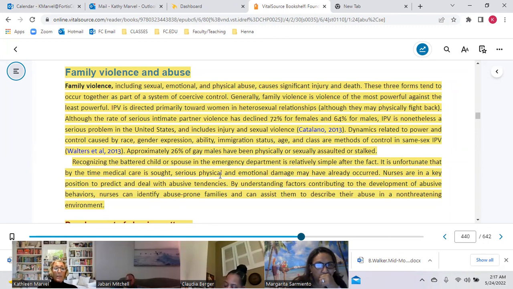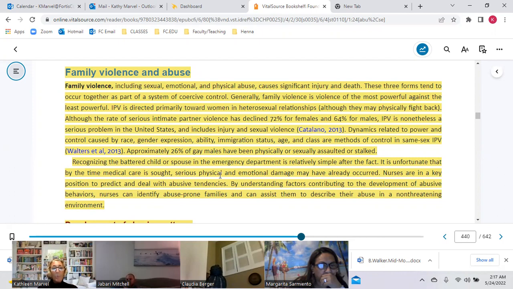Are you able to recognize a kid who's been abused or a spouse who's been abused? Typically, they end up in your emergency room. We're in a key position to recognize, assess, and recognize abuse.